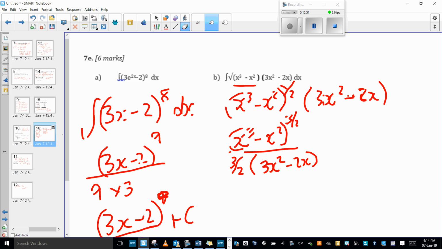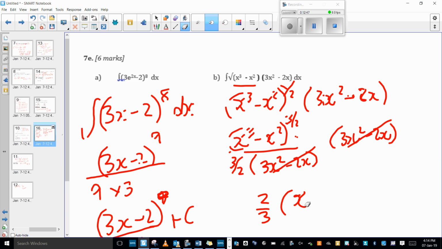And lo and behold, these two cancel each other out. So we've just got this bracket divided by 3 over 2. When we divide by a fraction, we multiply by its reciprocal. So that becomes 2 over 3, x cubed minus x squared to the power 3 over 2, plus c.